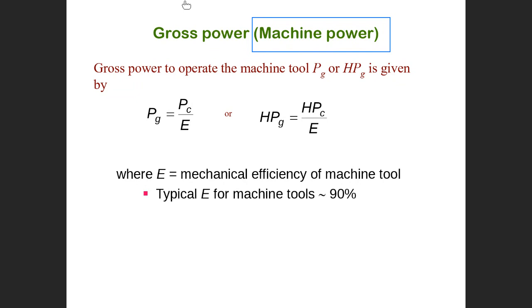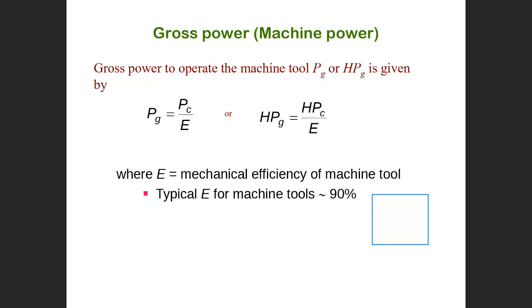If I tell you this is a machine, let me write. This is a machine to be used in the cutting.